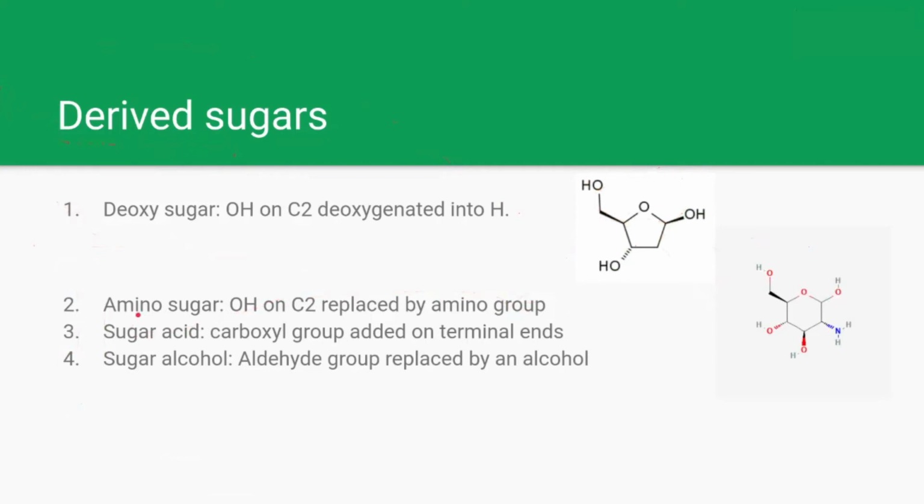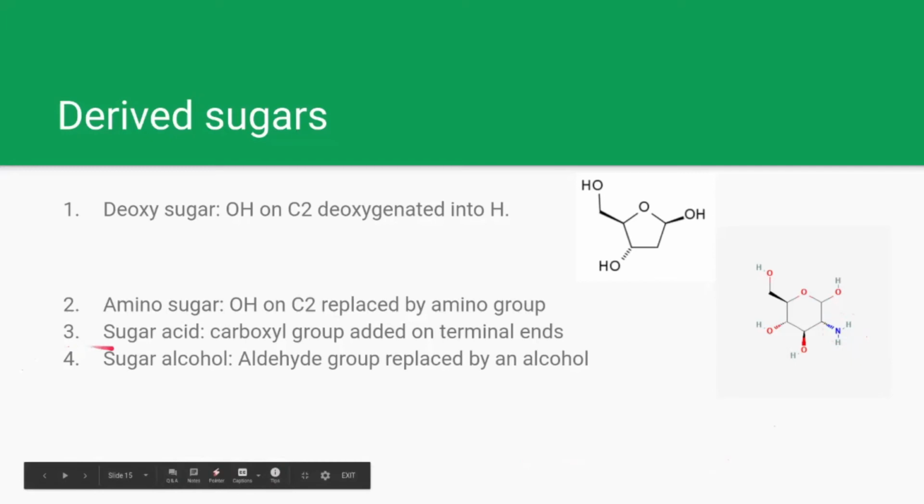Okay, so this is ribose, and sorry, I got interrupted. And then you have amino sugar, which is the OH on the carbon 2 position. This was the carbon 2 position, which is being replaced by an amino group, which is right here, amino group.